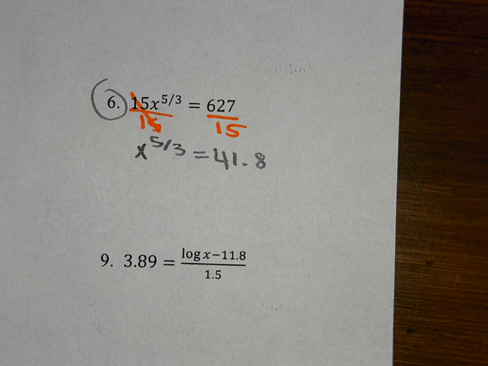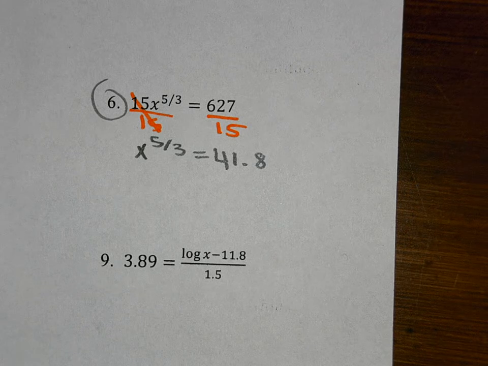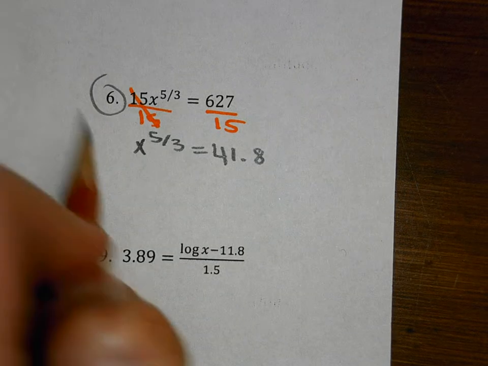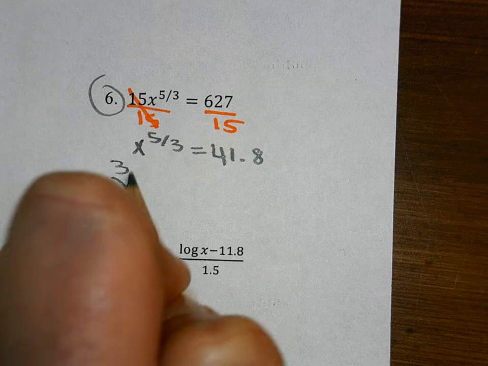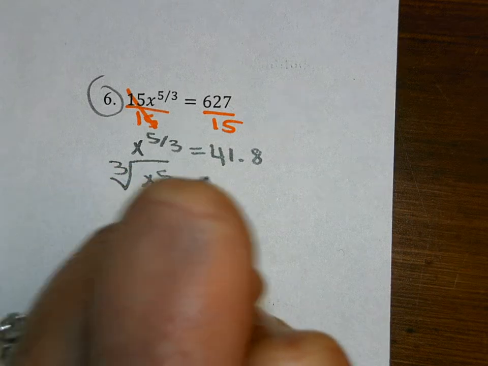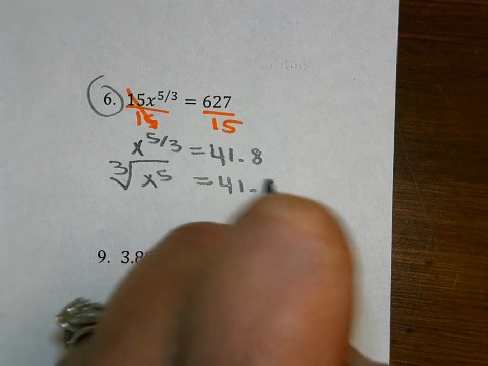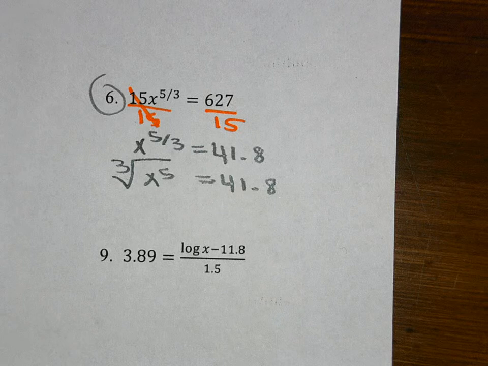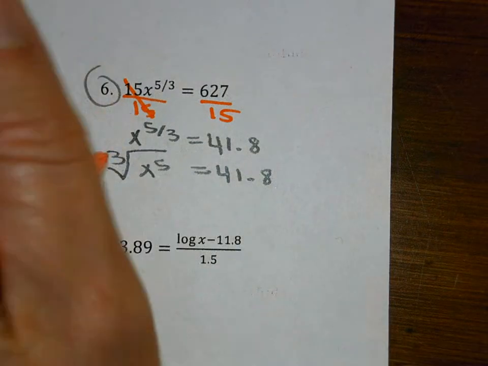This is review from a couple chapters ago. So I have x to a power of 5 and a root of 3. Root of 3, power of 5. And then to get rid of the cube root, I want to raise that to the third power.